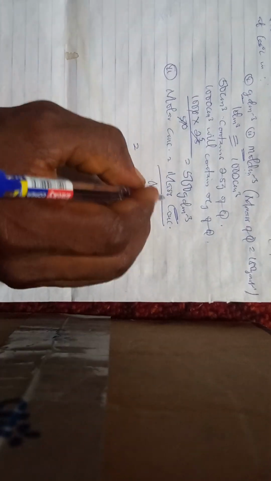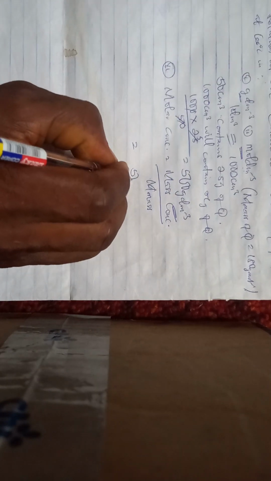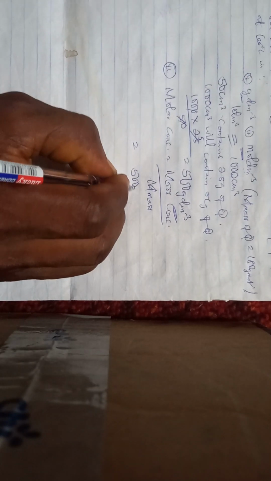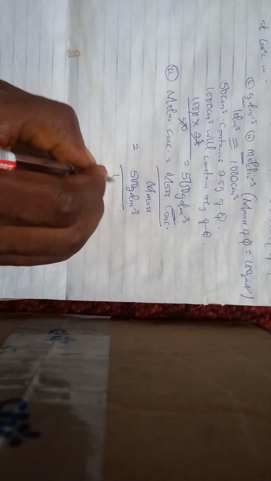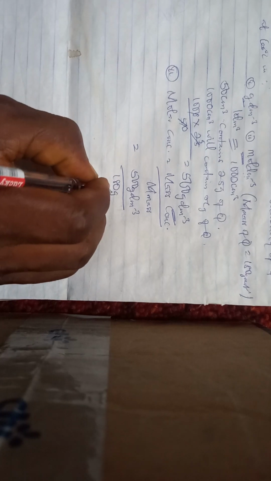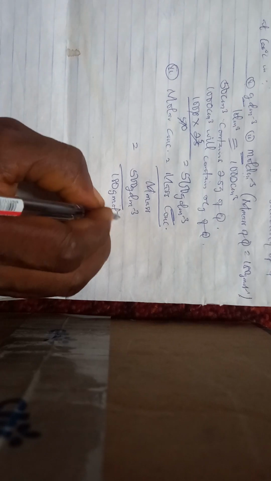So our mass concentration has been calculated to be 500 gram per dm cube over molar mass, which has been given to be 180 gram per mole.